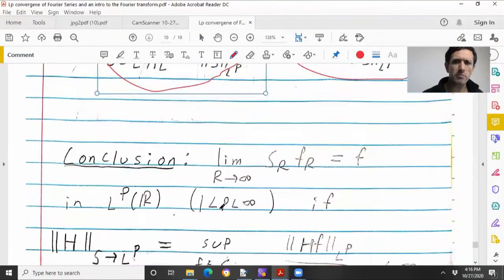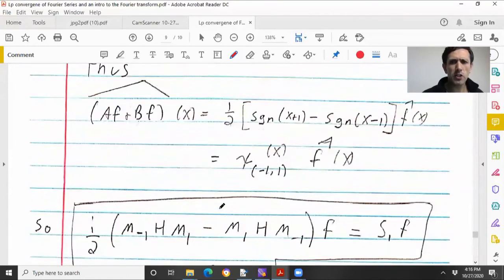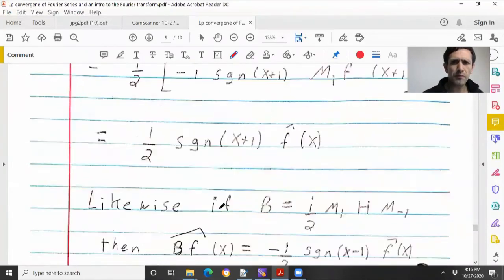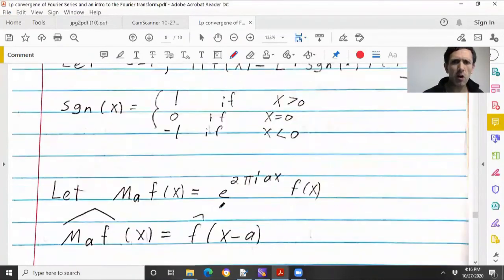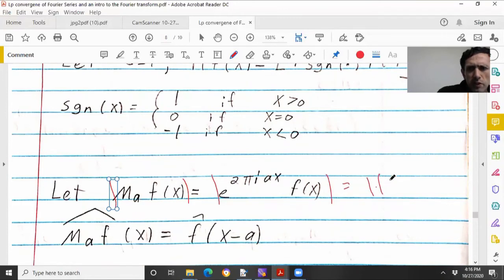And that's just because, as we mentioned before, all these M_a's are isometries on every single L^p space because this just equals the absolute value of f of x, or modulus of f of x if f is complex valued, at least for a real.